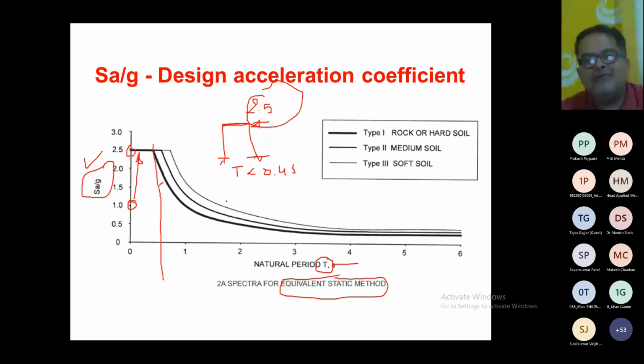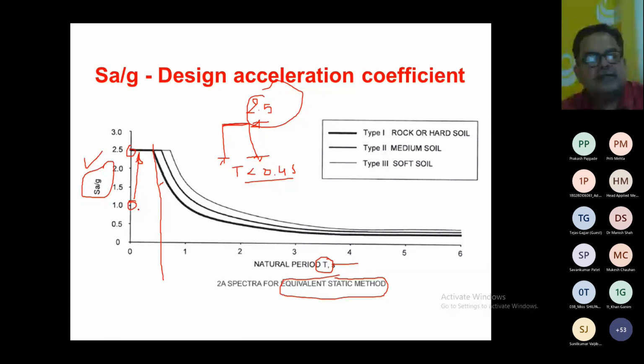So just imagine if the natural period of the building is less than 0.4 second, and here I'm taking the example of the Bhuj earthquake. In the Bhuj earthquake, we had an acceleration of 0.6 g.